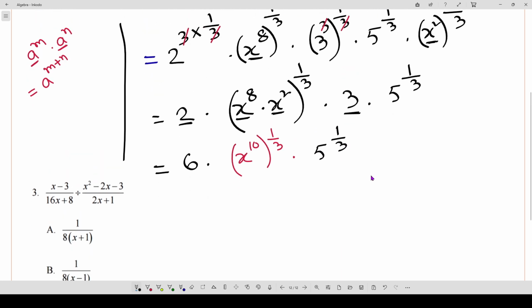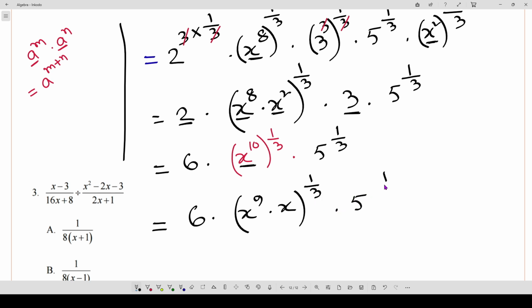Now we will do an interesting thing. Here is 6 and x to the power 10, we can write x to the power 9 times x. It's an easy thing, right? The bases are the same, 9 plus 1 will be 10, and to the power 1 by 3, times 5 to the power 1 by 3.